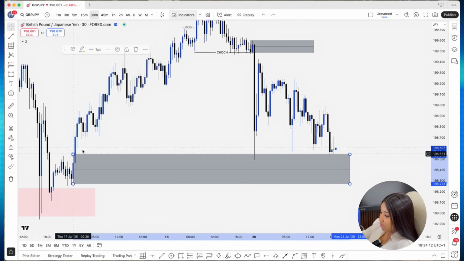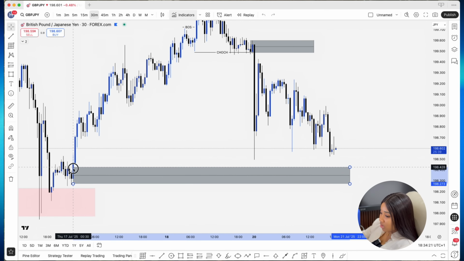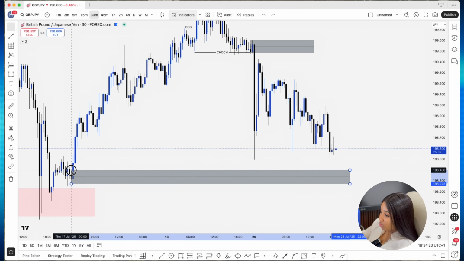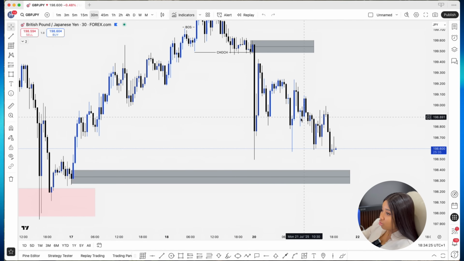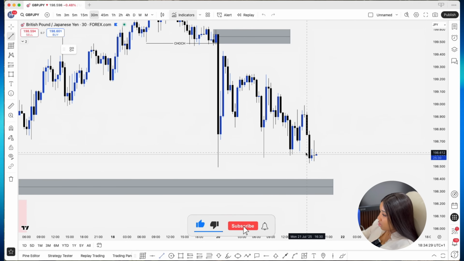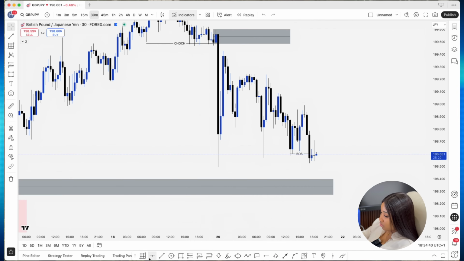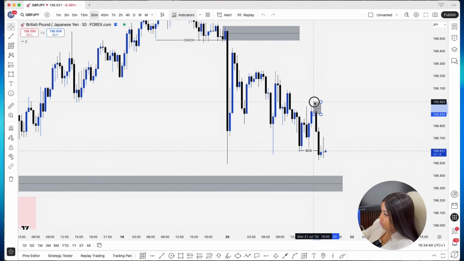You can see currently this is where price is reacting to this origin. Although if we want to refine this origin to a 30-minute origin, it will be this point. That simply means we should be expecting more drop on GBP/JPY. From the push down, I can see that we have this tiny break of structure here, and now we have a supply zone here.